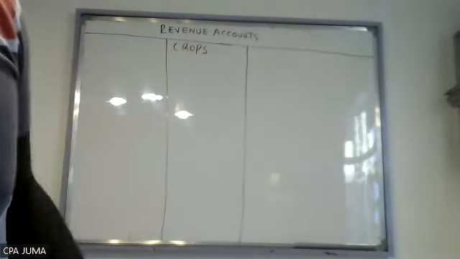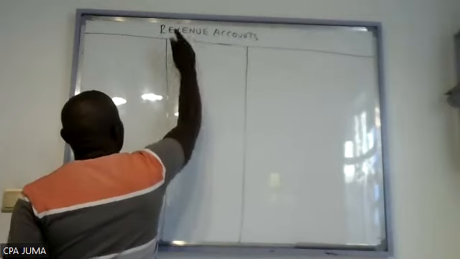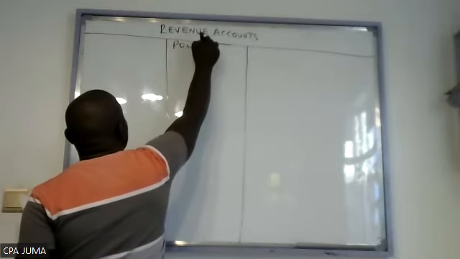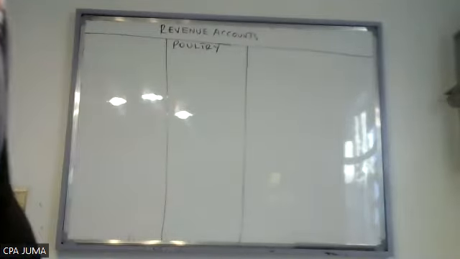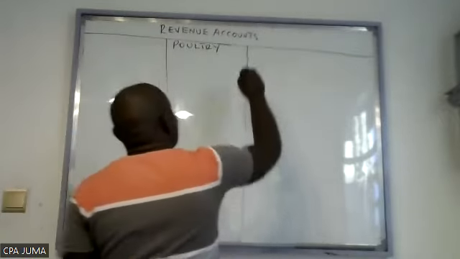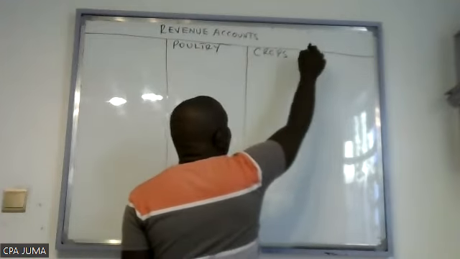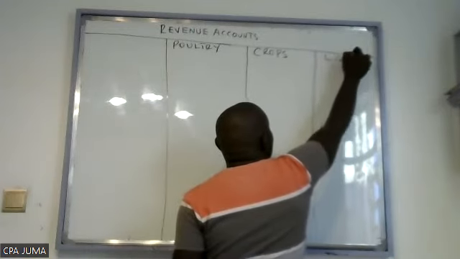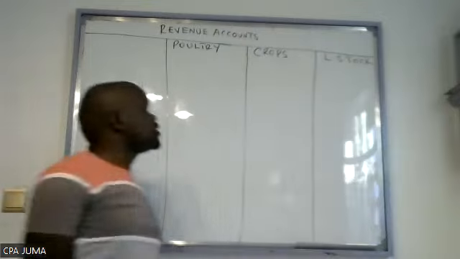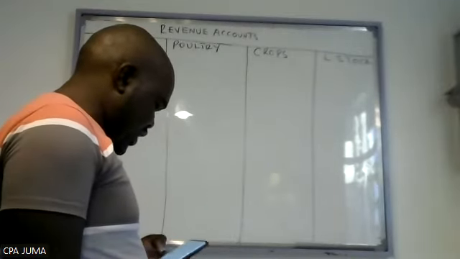It's good to go the way they have arranged: poultry, crops, then livestock. Livestock is the dairy. So I want to see if we do a combination. I've never tested this before, to see if it can help.